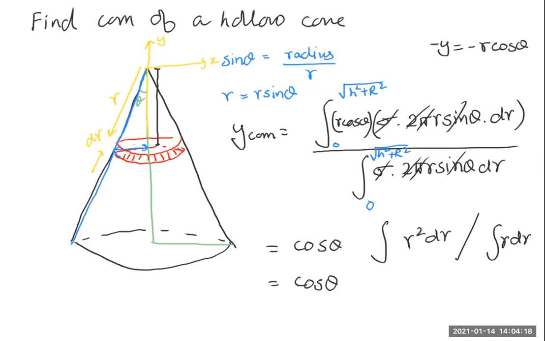Cosine theta, r square का इंटीग्रेशन r cube by 3 divided by r square by 2.